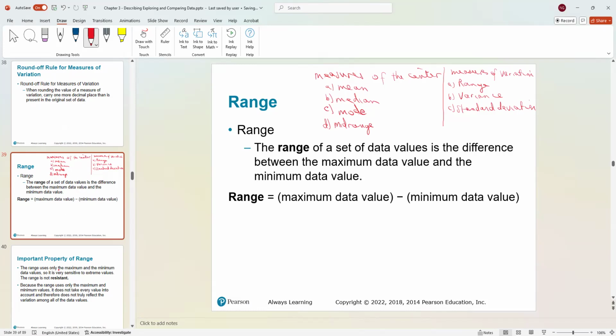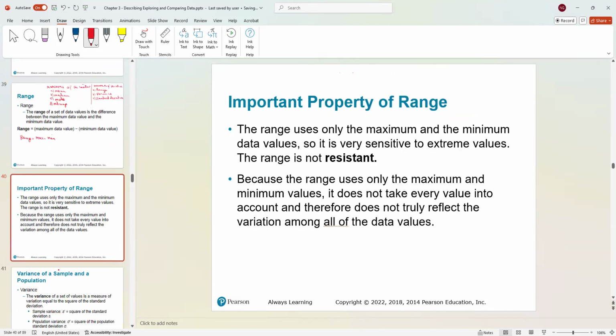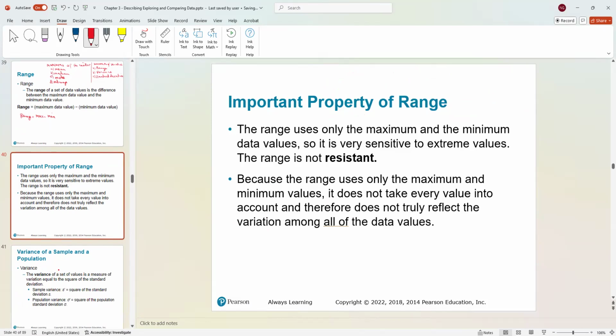Anytime you hear the word range, it is the largest data value in the data set minus the smallest data value in the data set, max minus min. So the range uses only the maximum and the minimum data.